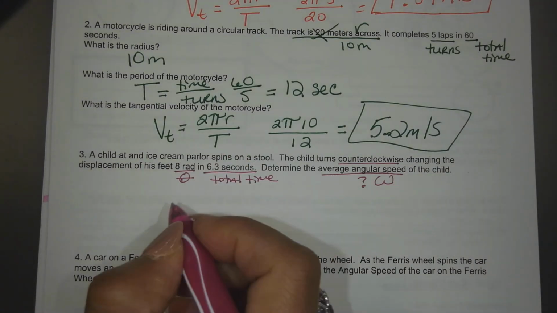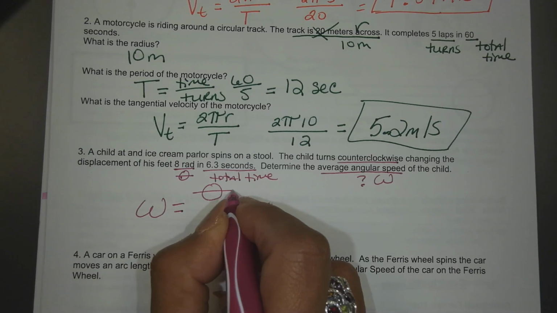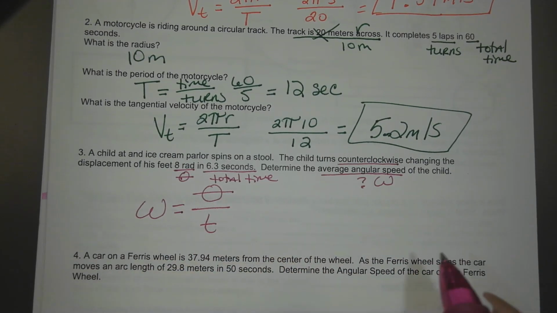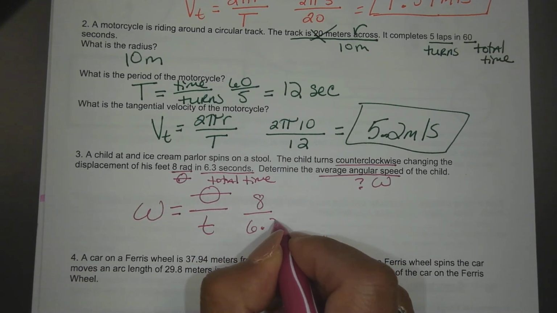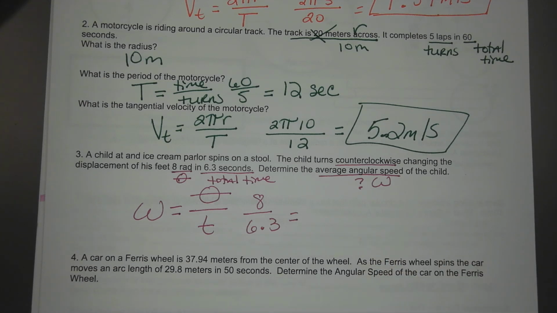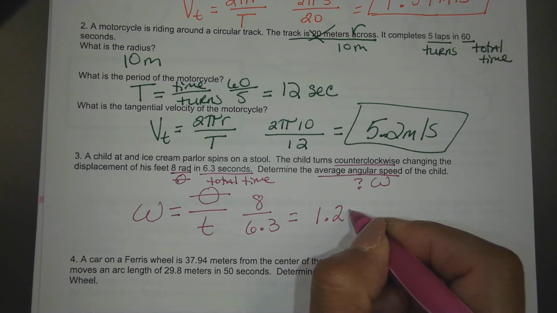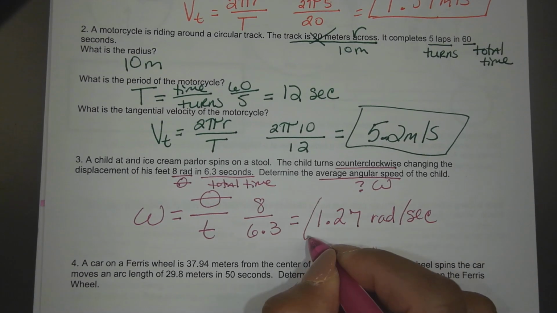So let's use that equation. Omega equals theta, or angular displacement, over t, or 8 divided by 6.3 equals the angular speed of, double check my math, there we go.